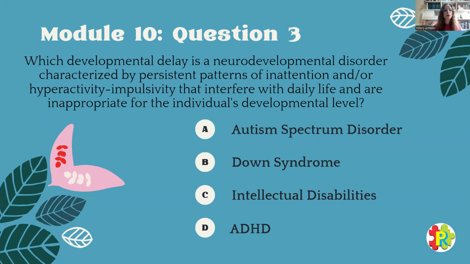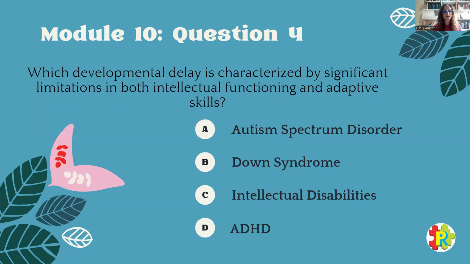Question 3. Which developmental delay is a neurodevelopmental disorder characterized by persistent patterns of inattention and/or hyperactivity impulsivity that interfere with daily life and are inappropriate for the individual's developmental level? Question 4.